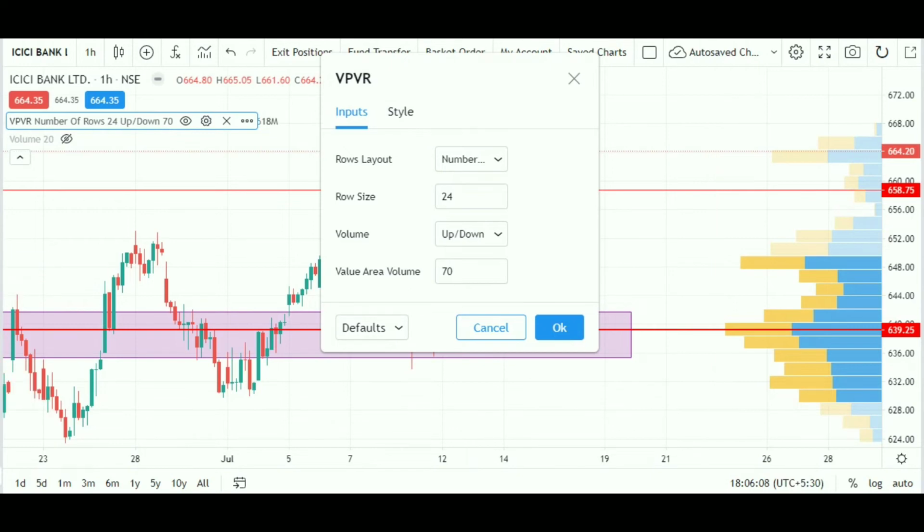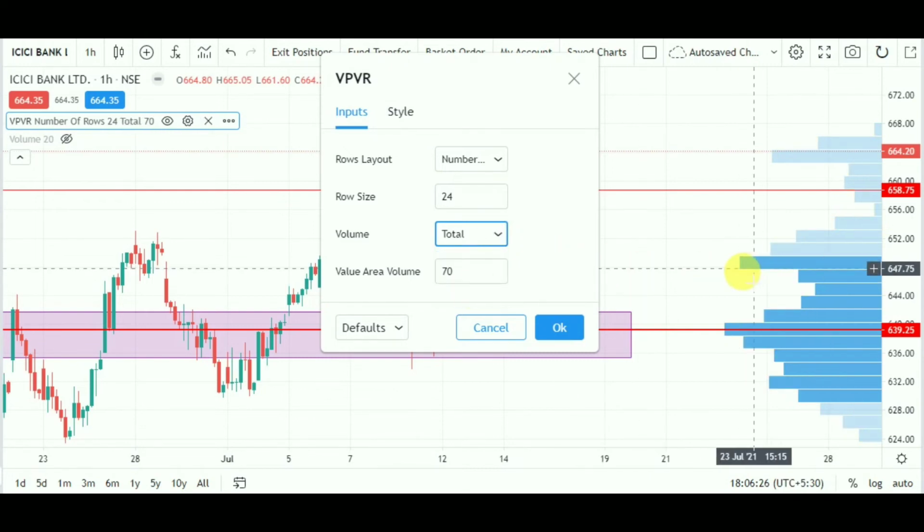Next, volume. You have two options under this, up/down and total. Choosing up/down would display both up volume as well as down volume, whereas choosing total would display only the total volume, that is up plus down combined. The default option is up/down.